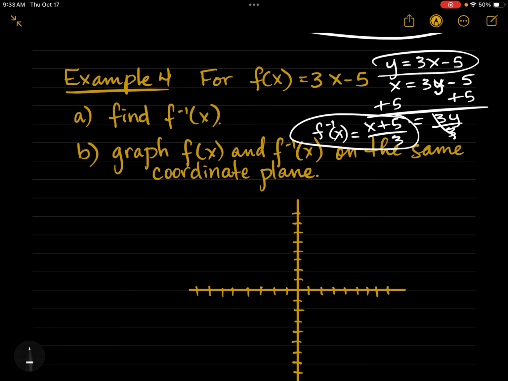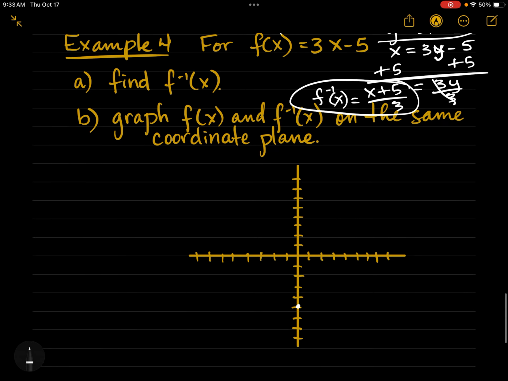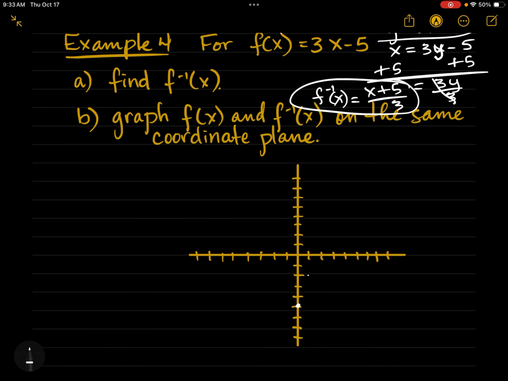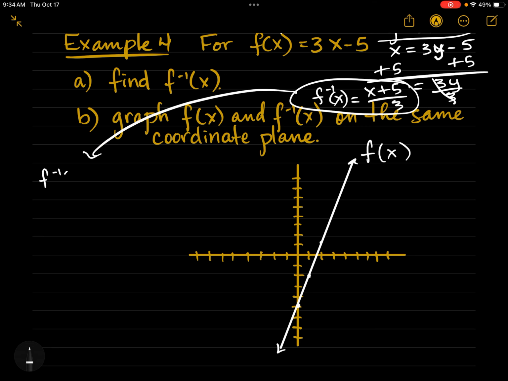If we graph this first f of x, we start at -5 on the y-axis, rise 3, run 1. Rise 3, run 1. So that's f of x. Now, f inverse of x. Let's graph that.